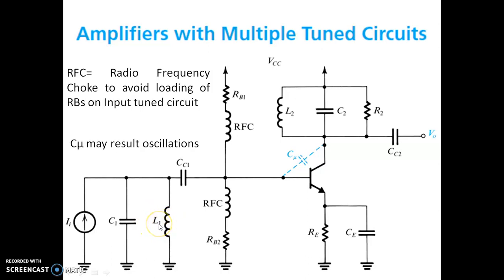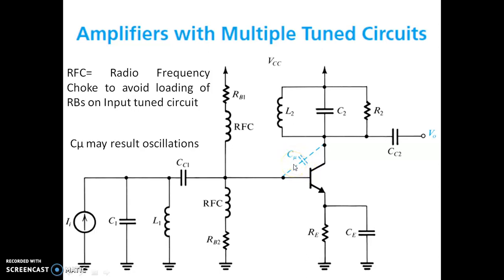We actually have two tuned circuits, one at the input and one at the output. And we have a major disadvantage in this type of multiple tuned amplifier: the output is coupled to the input through a parasitic coupling capacitor, C mu.